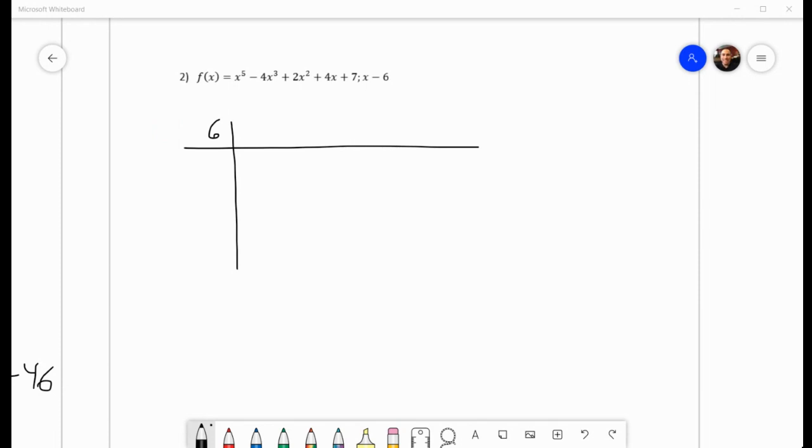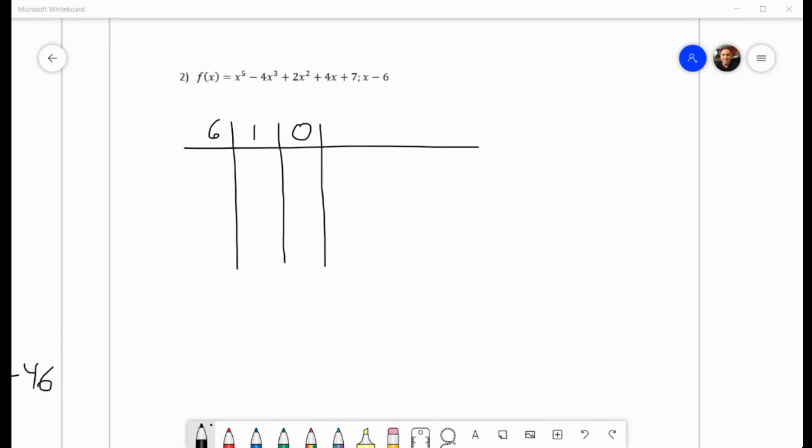Now for f here, let's list the coefficients. If we have a missing term, we put 0 as a placeholder. For the leading coefficient, that's a 1 here. Notice there's no x to the 4 term, right? Because of that, we have to use 0 as a placeholder.